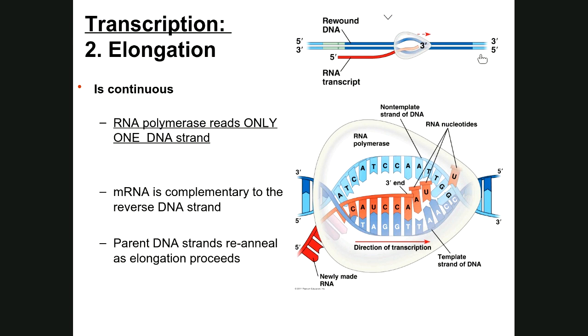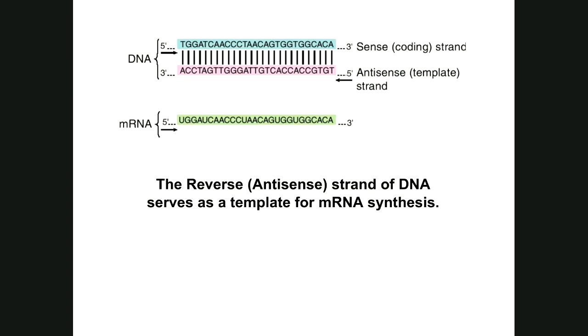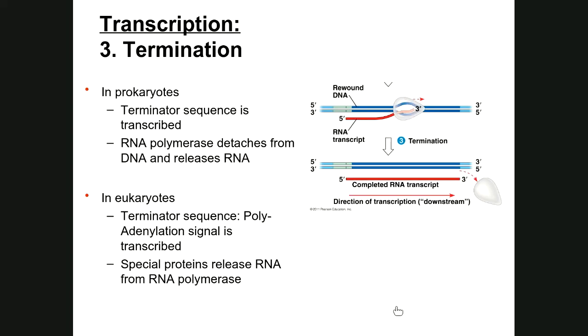Eventually, downstream of the gene, on the opposite side of the gene from the promoter, RNA polymerase will reach the terminator sequence. In both prokaryotes and eukaryotes, the terminator sequence is going to be transcribed, but there's a little bit of a difference.